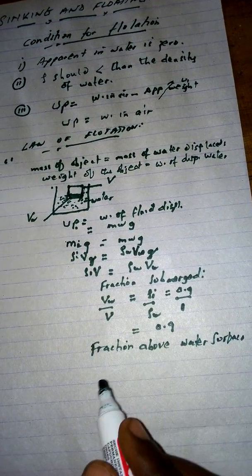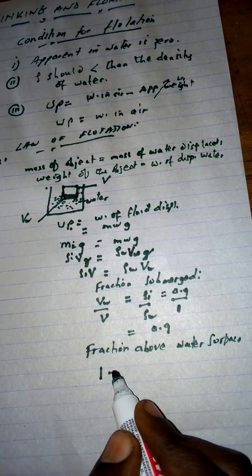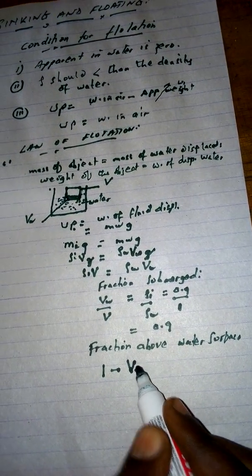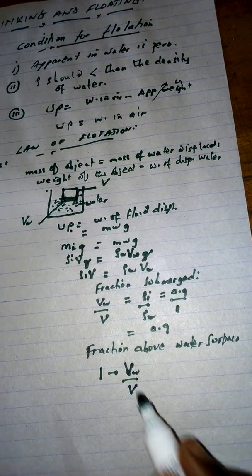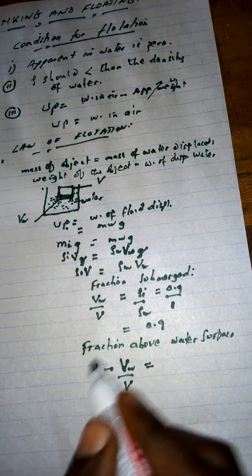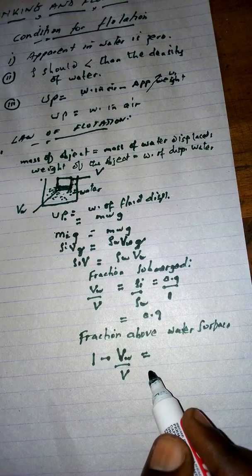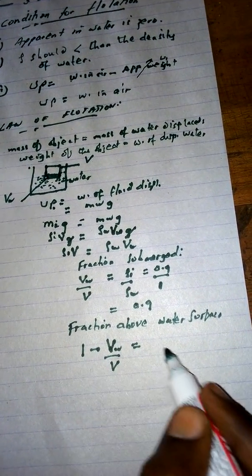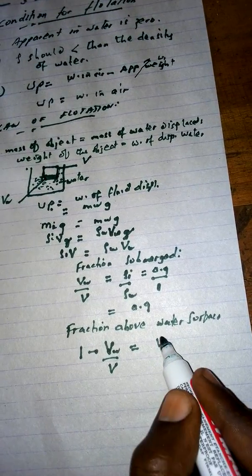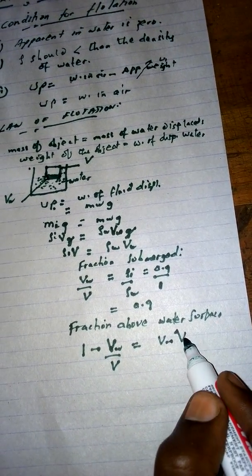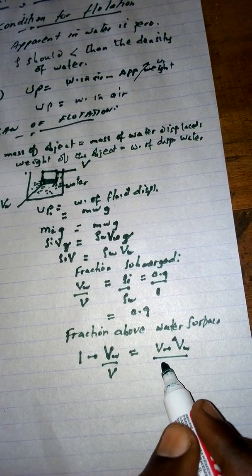of course, you basically take 1 minus the volume of the water divided by the total volume. You get the fraction which is above the water surface. So this can be obtained by taking V minus V of water divided by the total volume.